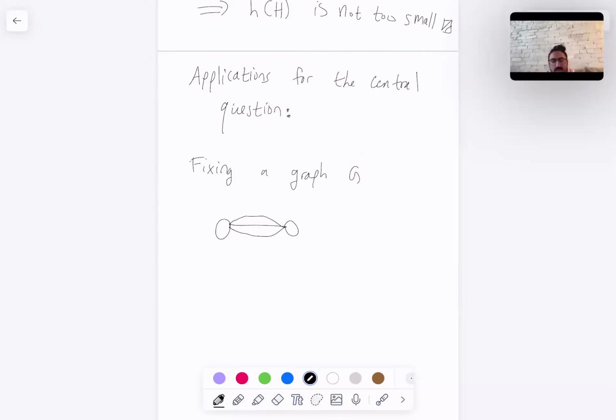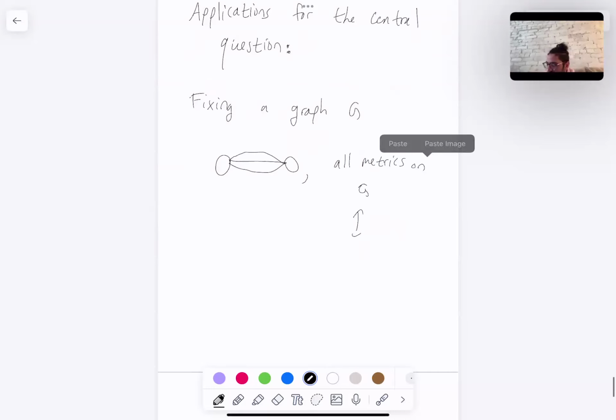Then it's easy to see that the set of all possible metrics on G corresponds basically with some piece of Euclidean space where the dimension is the number of edges, and we're only looking at the positive quadrant or octant of this Euclidean space because we require that we assign each edge a positive length.